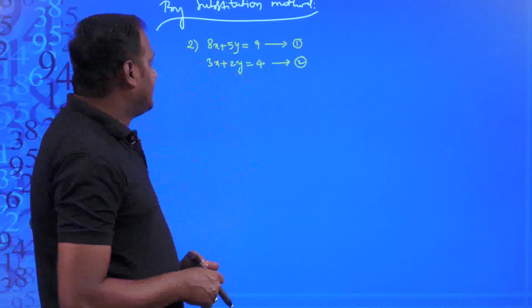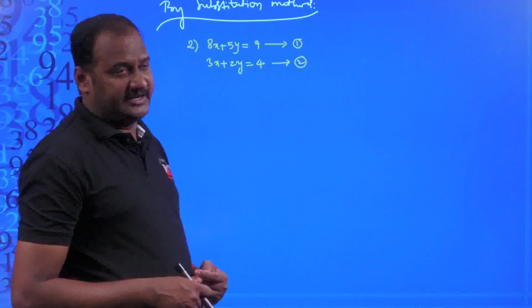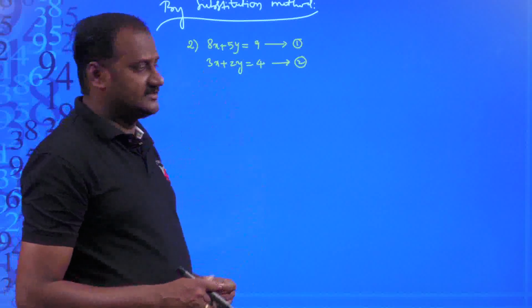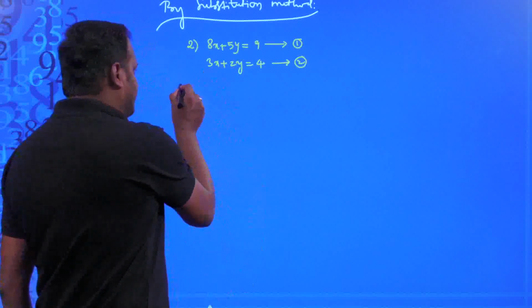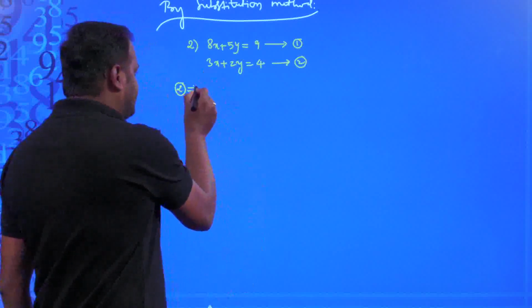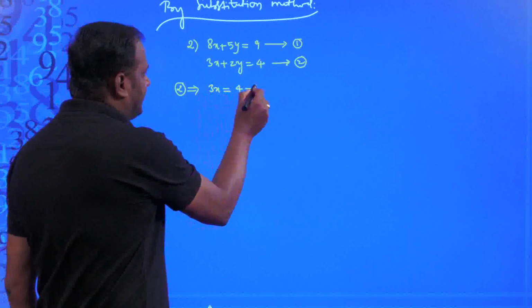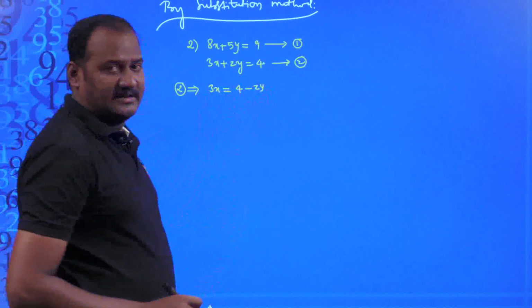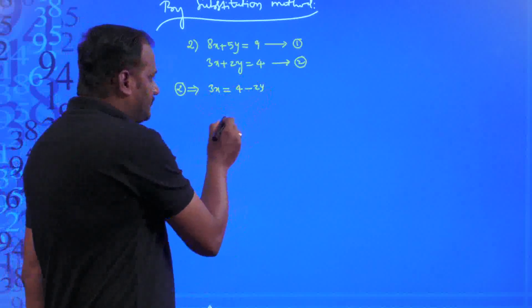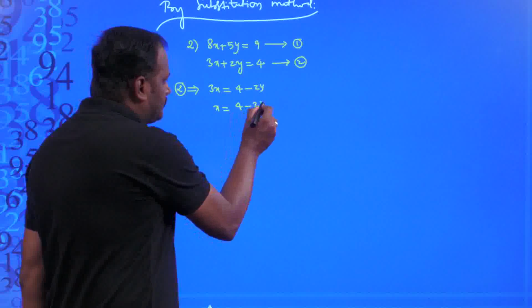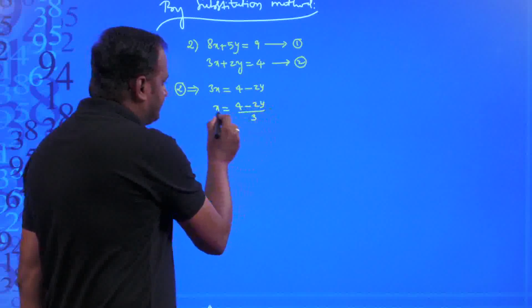I am going to choose this 3x term to obtain the value of x from the second equation. So, the second equation implies 3x is equal to 4 minus 2y. Then x is equal to 4 minus 2y, whole divided by 3.